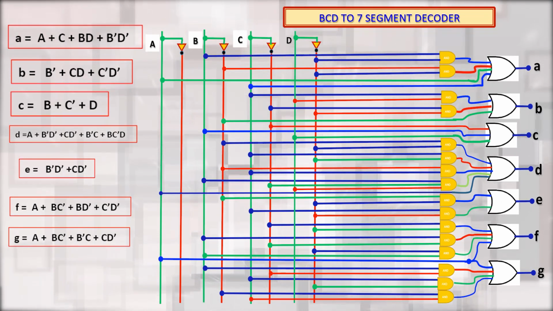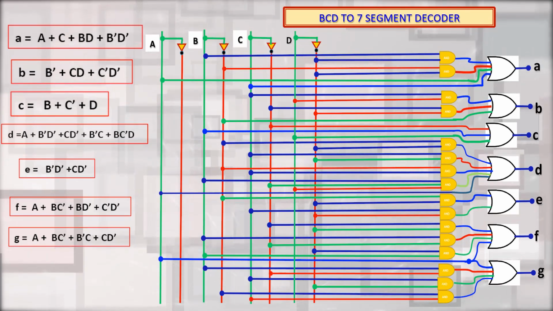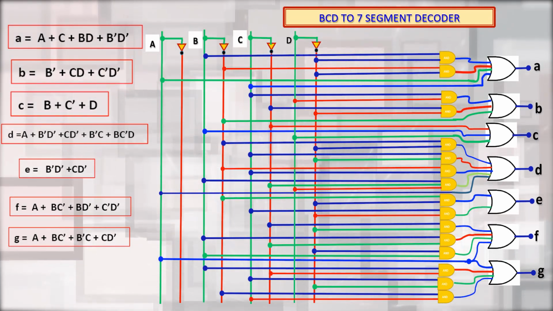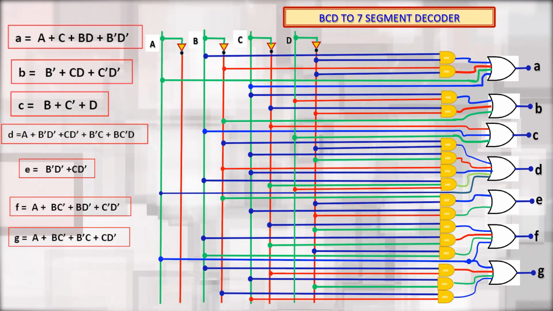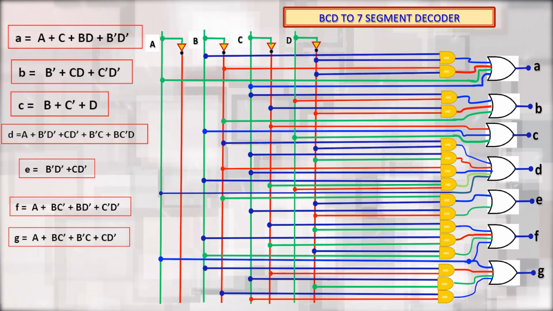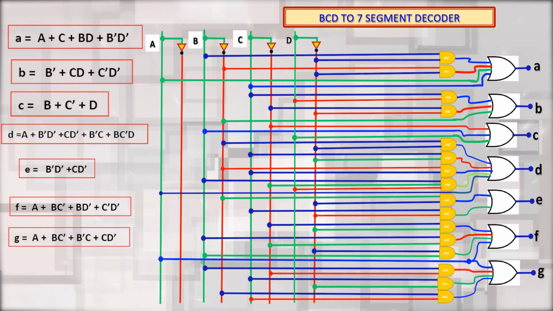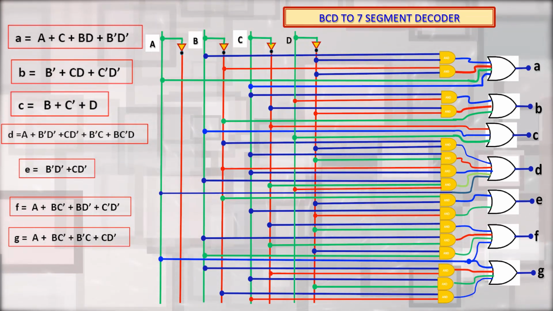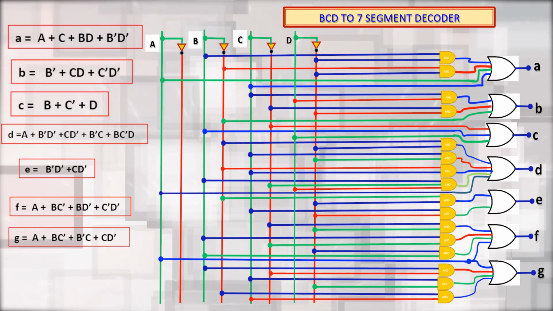Then to realize D, we will be needing an OR gate of 5 inputs, one 3 input AND gate and three 2 input AND gates. Okay. So, how will we do the connections?